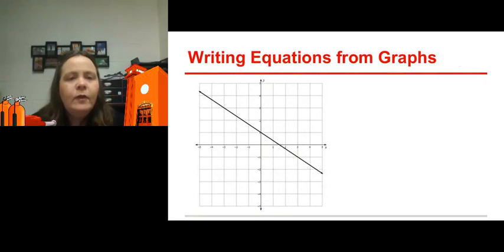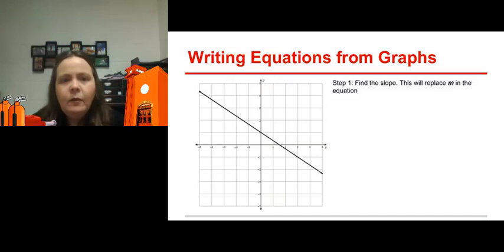Let's look at one on a graph where we have to find some of our information. All right, the first thing we're going to do is step 1. We're going to look at this graph and find the slope. When we find this slope, it will replace m in our equation y equals mx plus b. So when I look at this to find the slope, I'm going to first identify 2 points where the line crosses through the corners of the box.